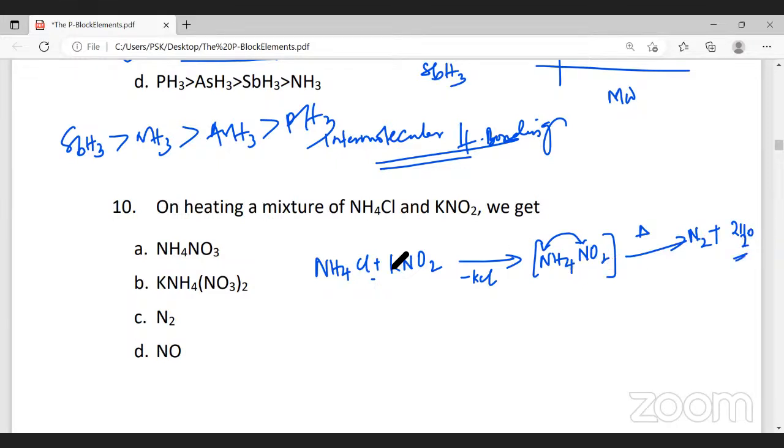Hence, the answer for this question is option C, nitrogen. We get nitrogen gas and also water.